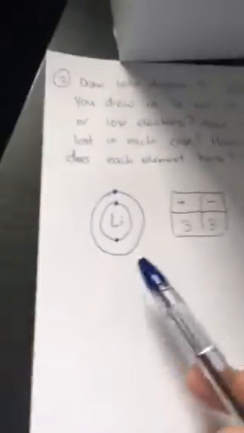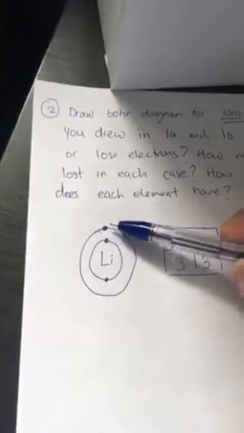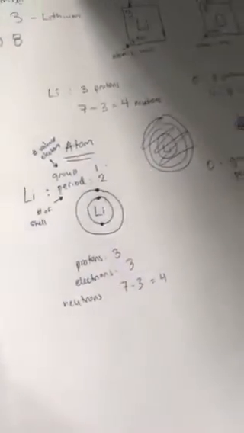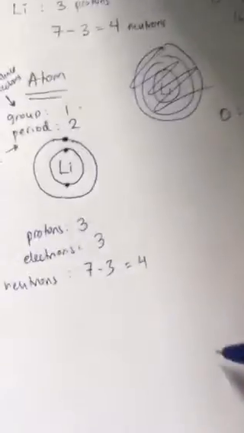But now this is not stable because in the outer shell there's only 1 electron. It needs to have 8 full, so the shell has to be completely full. Okay, a full shell means something like this.